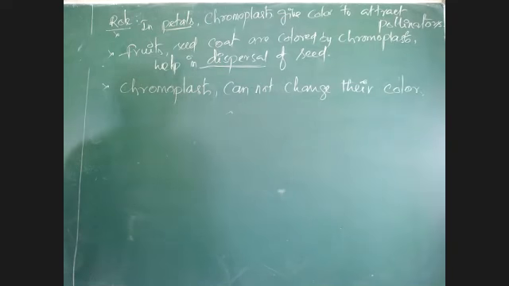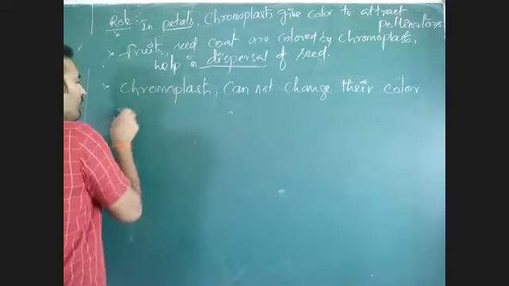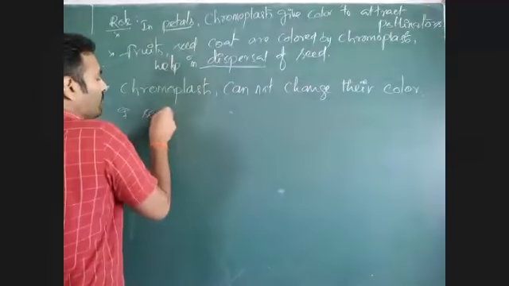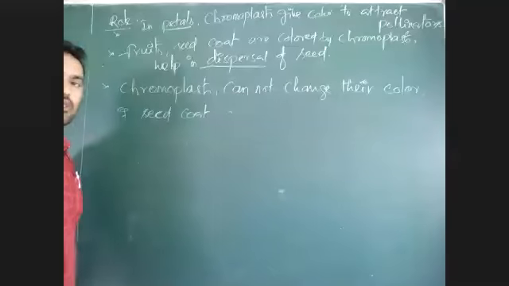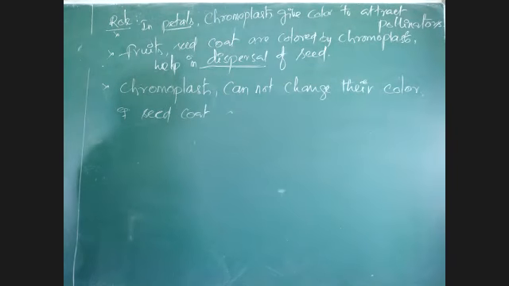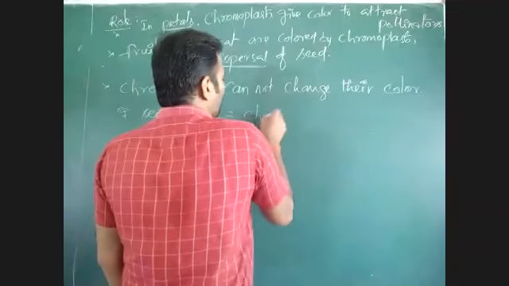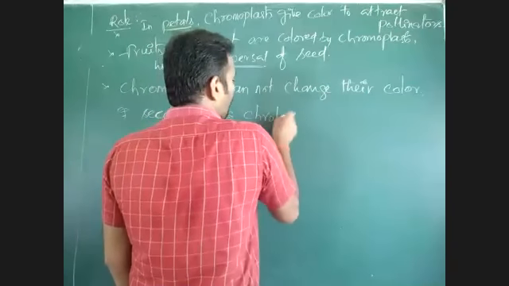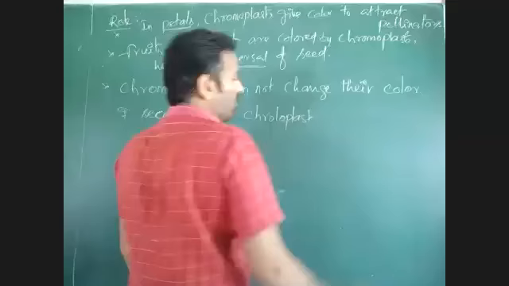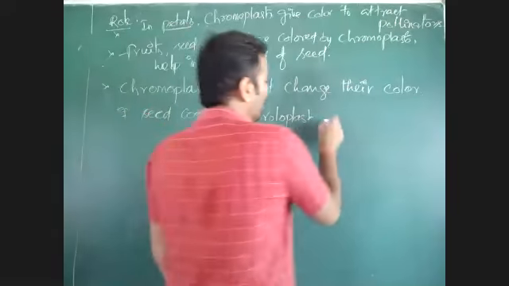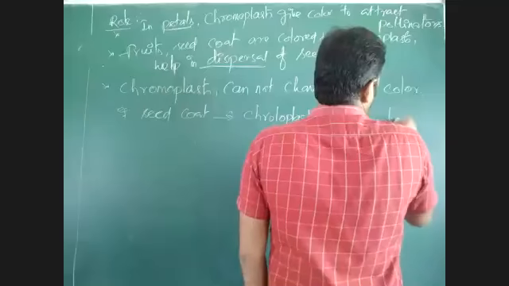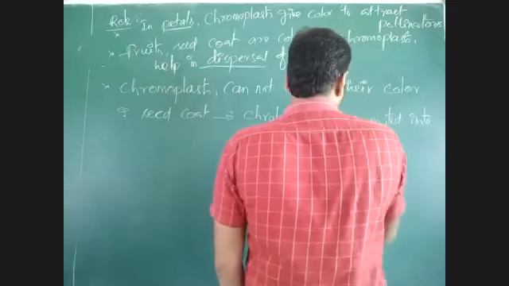Take an example, the seed coat, which I mentioned. Normally when a seed is producing, at a young stage, it is green in color. In the seed coat, chlorophyll is present, that is, chloroplasts. The chloroplasts which are present here are converted into chromoplasts.